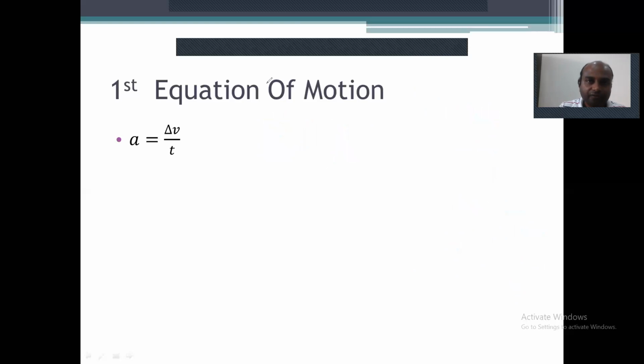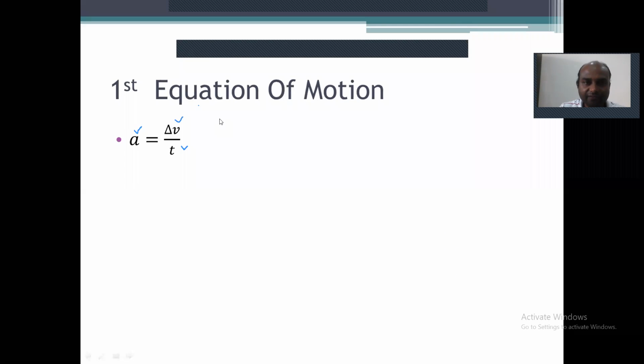All right. So let us come back to this equation. Acceleration is defined as the change in velocity in 1 second, right? And this equation, as you saw from my example, yields the first equation of motion.